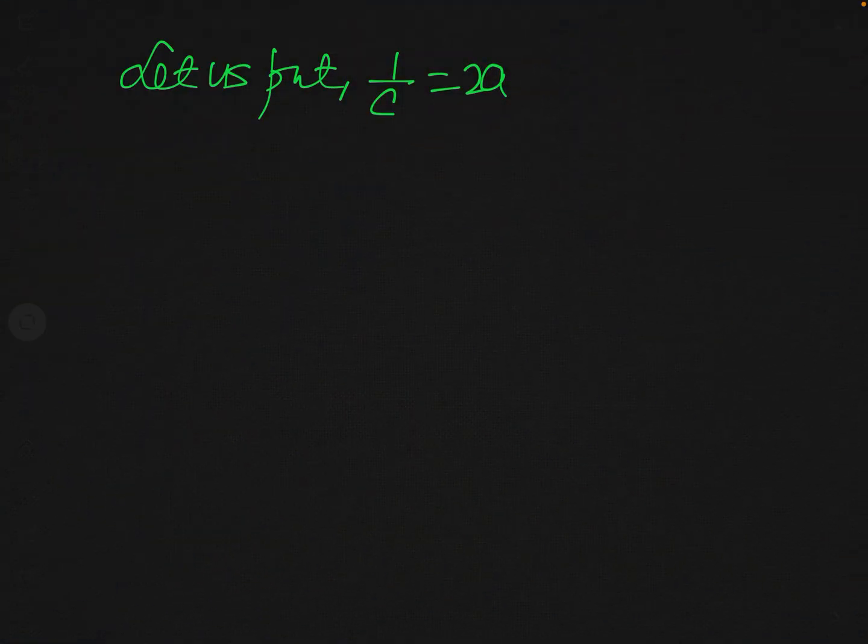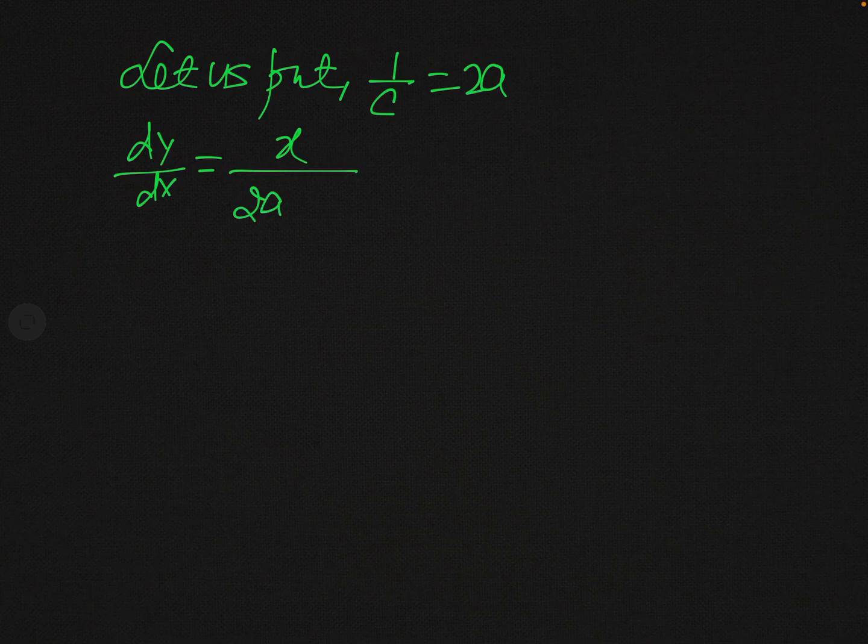So you can write that dy by dx is equal to x over the square root of 2ax minus x square, and from here you can write the integral of dy.